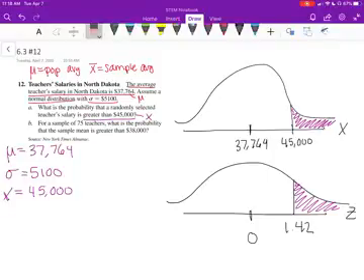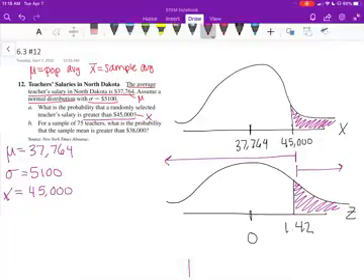Now that we have our z value, we need to find this area. However, when we look in our chart, it gives us the area to the left. But we know how to figure out the area from the right. We just subtract that area from the left from 1.